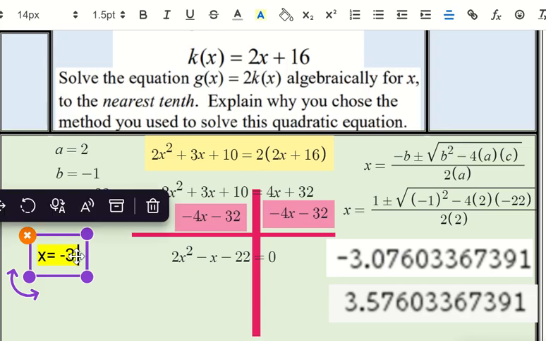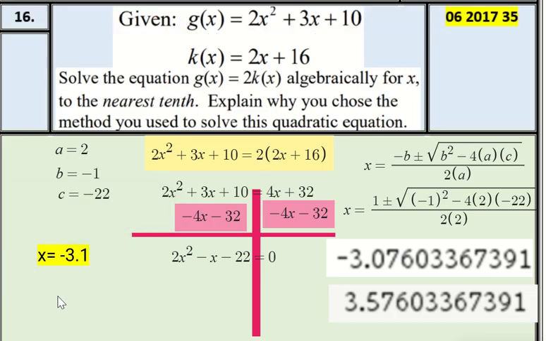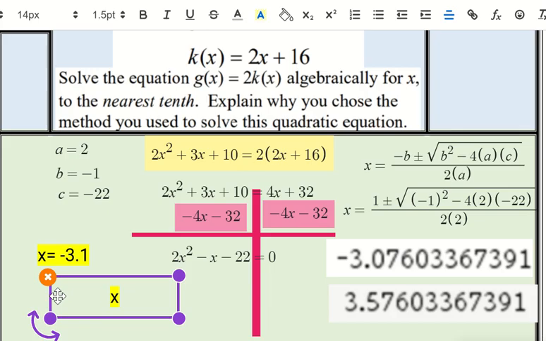So to the nearest tenth, we've got negative 3.1. For our second answer, x equals positive 3.57. So that 7 tells us to raise that 5 up to a 6, so 3.6.